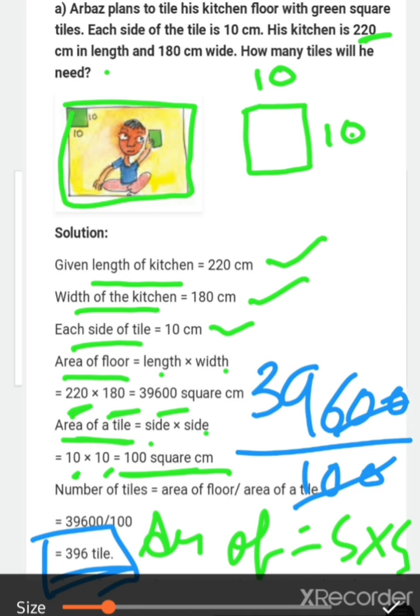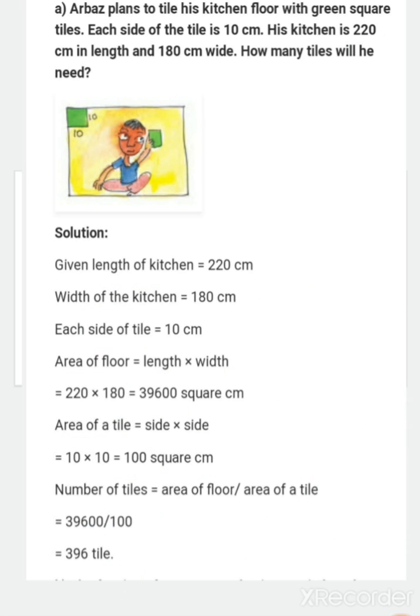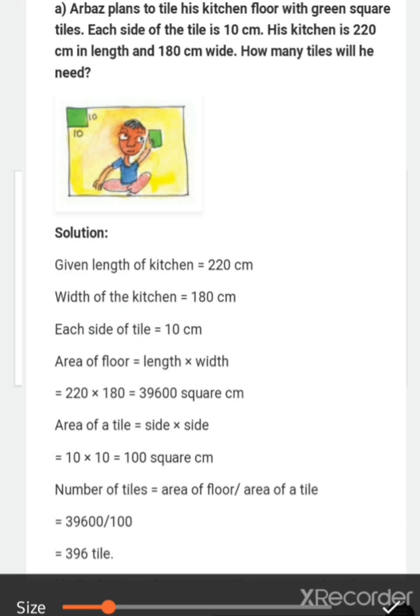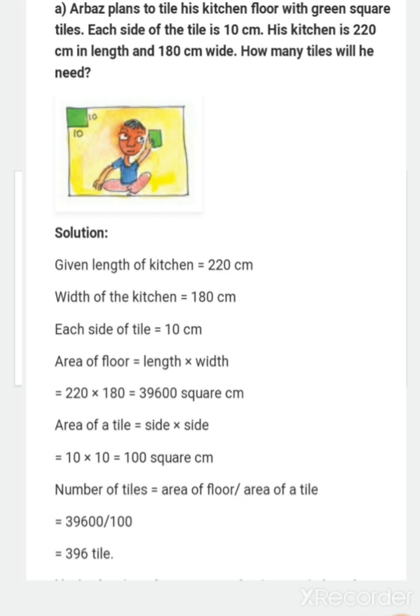In this question, first of all we found the area of the rectangle by multiplying these, and later on we found the area of the tiles, and then we divided them to get the answer. So 3 more questions are there and you have to do these yourself, otherwise we will discuss them. Till then, stay safe.